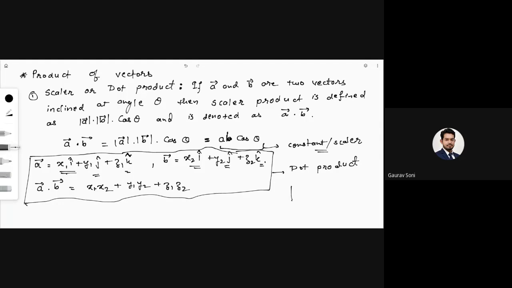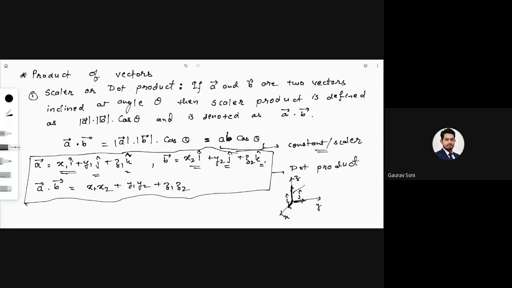Now to explain where this i and j have gone. What is i? If anyone can tell me. In three-dimensional space, you have x-axis, y-axis, z-axis. So i is a unit vector in direction of x-axis. This is your j, unit vector in direction of y-axis.